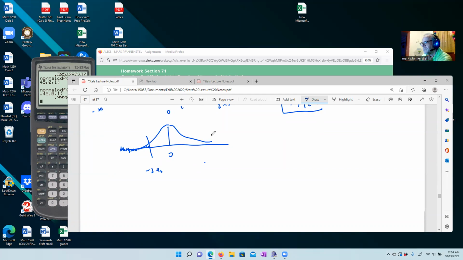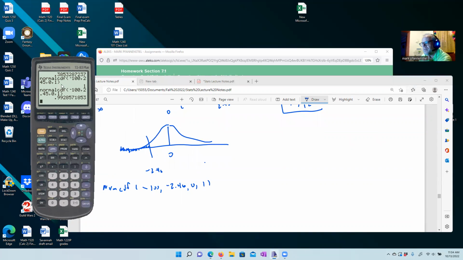We'll say negative 100 to negative 2.46. They're both negative, that's okay. We're going to type in norm CDF, and that's going to be this area here. You don't have to draw them out. I like to, but you don't have to.